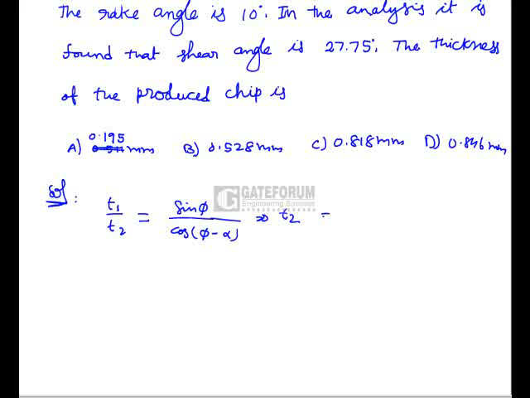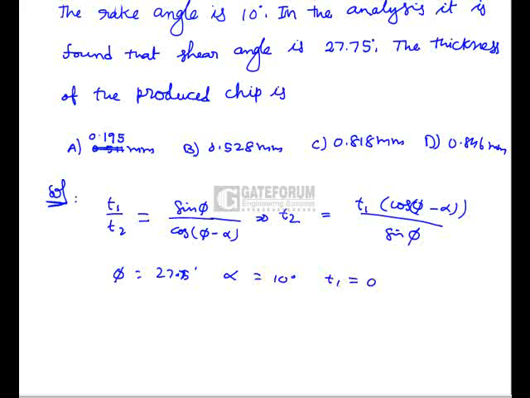So t2 is equal to t1 into cos (phi minus alpha) by sin phi, where phi is the shear angle, given as 27.75 degrees, and alpha is equal to 10 degrees, and t1 is the depth of cut, which gives the uncut chip thickness, equal to 0.4 mm. From this equation, we can get t2 equal to 0.818 mm. So in the options, the right option is C.